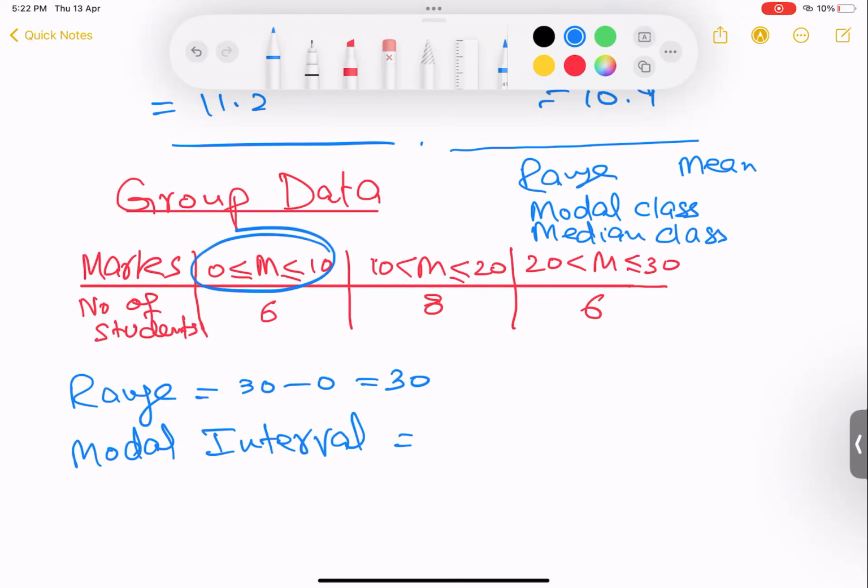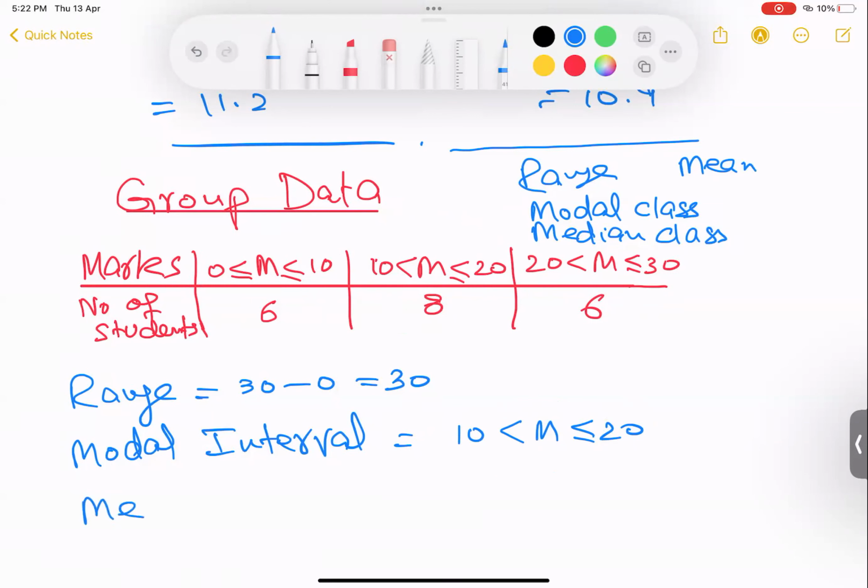This group repeats 6 times, but this group repeats 8 times. So the highest repeating group is this one. So 10 marks, and the way he wrote it, you write the same. You will not change it. Where it is equal, where it is not equal, you will write the same. That is what he is demanding from you.